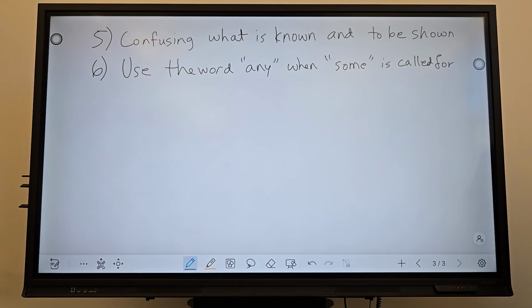Or you could say, suppose some particular odd integer n, by definition of odd, n is equal to 2a plus 1 for any integer a. The first some and any can be used interchangeably. But the second one needs to be some integer a instead of any integer a.